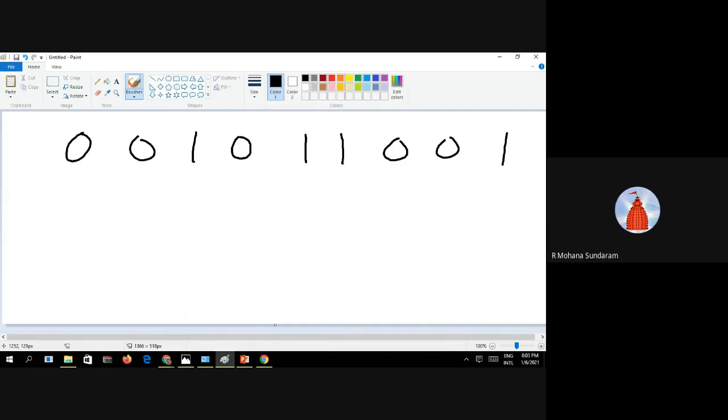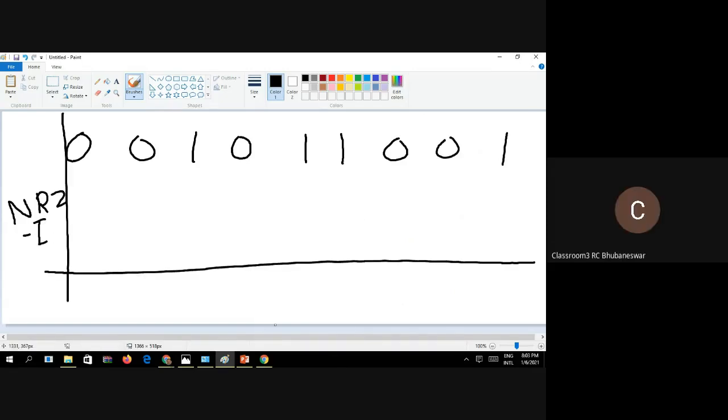अच्छा, हमने which scheme I have to draw? सर, हमने अभी ड्रॉ करने जा रहे हैं NRZ-I. NRZ-I को ड्रॉ कर रहे हैं. This is the x-axis, this is the y-axis. First draw this one. Please draw all the bit intervals.